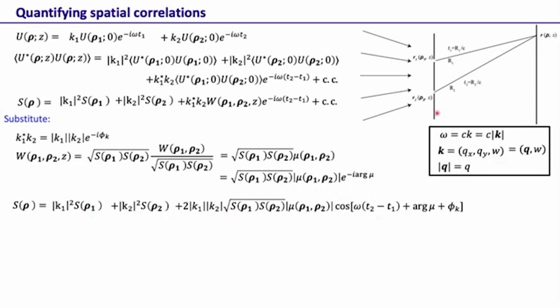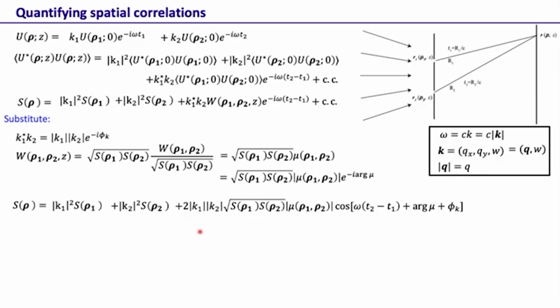This cosine term has omega times (t2 minus t1), the temporal information as well, and these arguments of mu and phi K. So when any of these things change, that's what gives us the Young's double-slit fringes that we actually see.